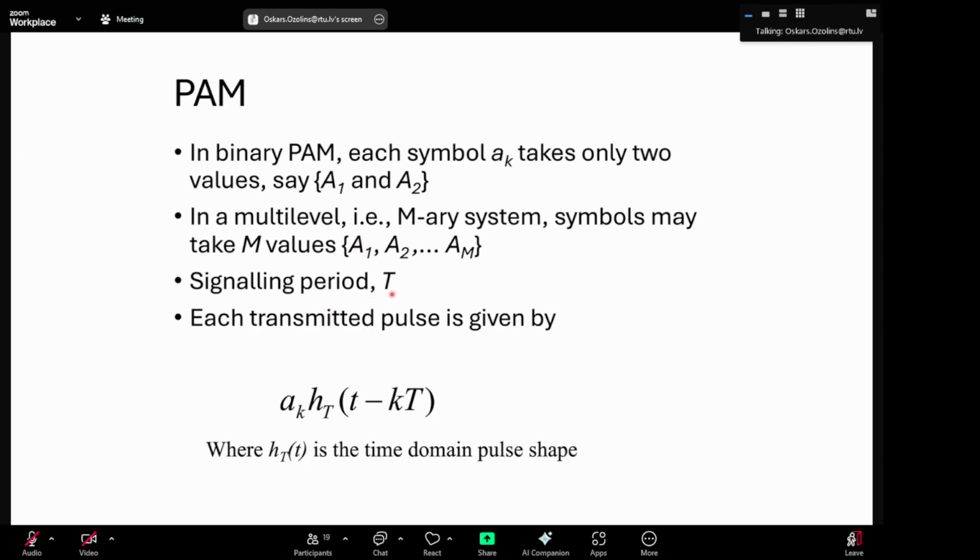The signaling period is related to the symbol rate, and it is inversely proportional to the bandwidth of the system. Then you can describe how to write these signals in the time domain, and define a pulse shape, and let's look a bit more at that pulse shape.